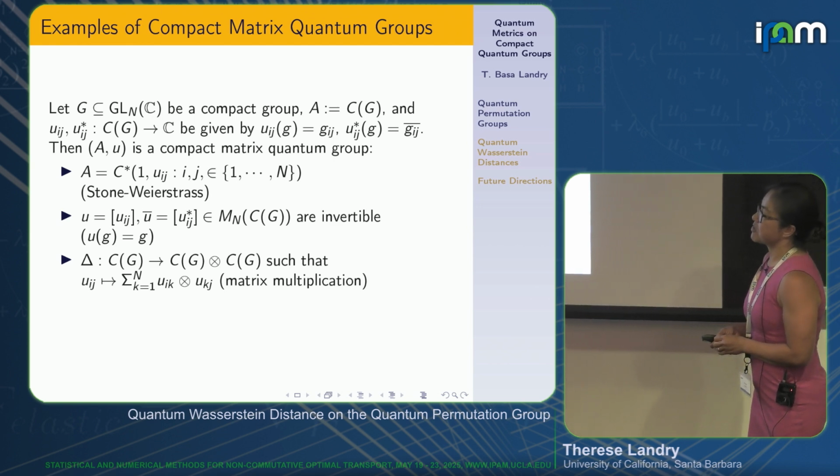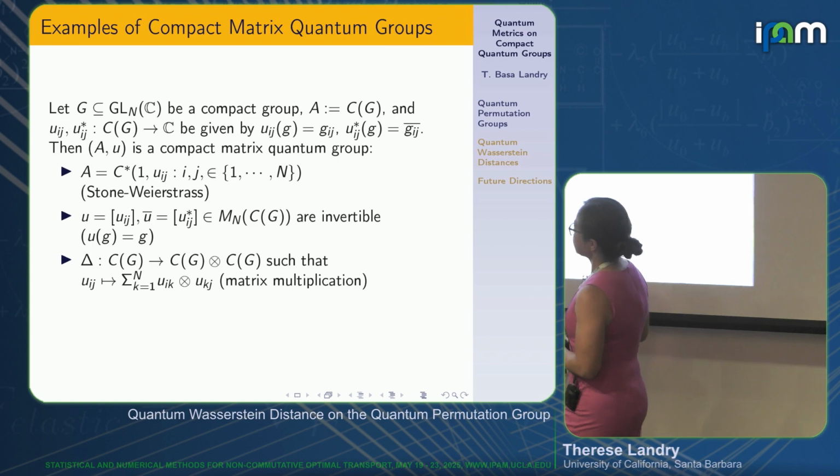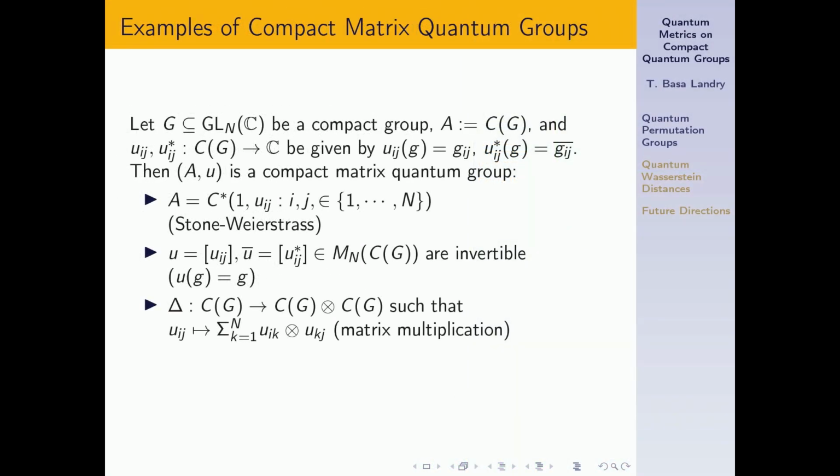And so we can take the C-star algebra generated by those elements and you can get a matrix over this unital C-star algebra that's invertible, because you're already starting out with evaluating this on invertible matrices. And then here, the star homomorphism is exactly matrix multiplication. And so compact matrix quantum groups truly generalize compact matrix groups.